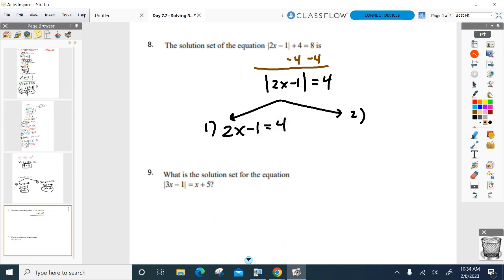And then the other one, again, drop the absolute value, but change the sign on everything on the other side, so that becomes negative 4.